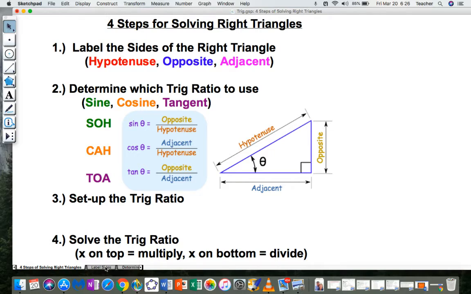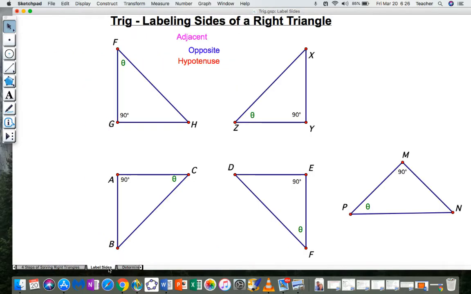So here's a couple of examples. Let's say we have these triangles. I have to label each side, whether it is the opposite side, the adjacent side, or the hypotenuse side. The best way that I know is the very first thing, you should label the hypotenuse first. Now, what is hypotenuse?